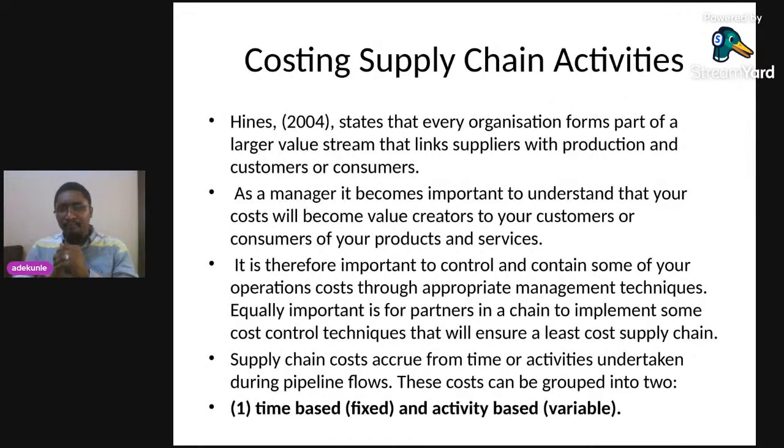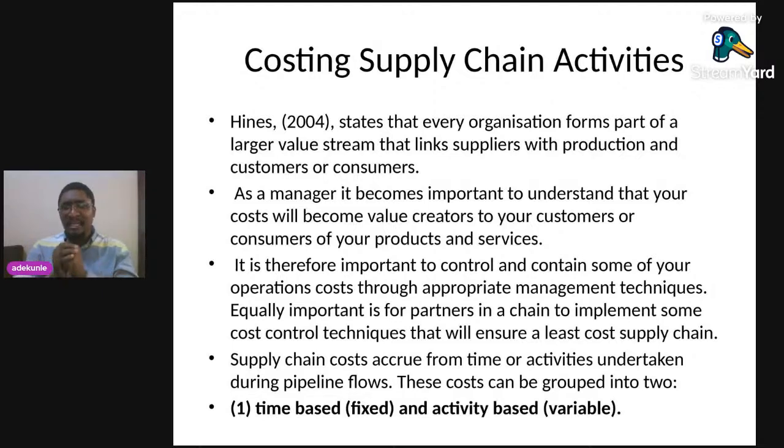You cannot look at the logistic approach without looking at the costing of the supply chain activity. What are the costs of supply chain activity? I think 2004 stated that every organization forms part of a larger value stream that links suppliers with production and consumers. So as a manager, it becomes important to understand that your costs will become value creators to your customers or consumers of products and services.